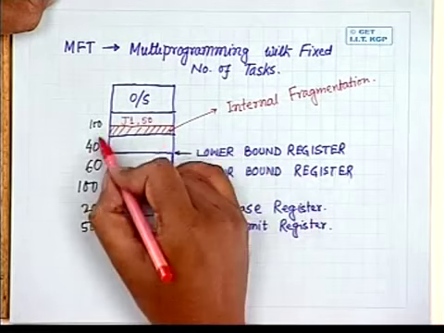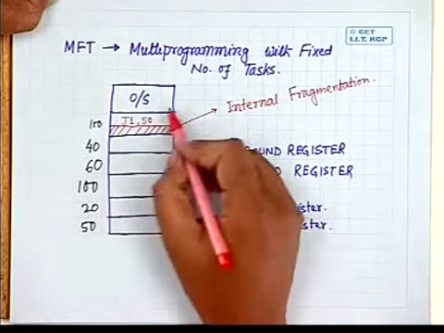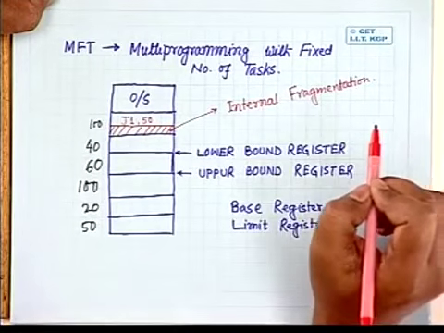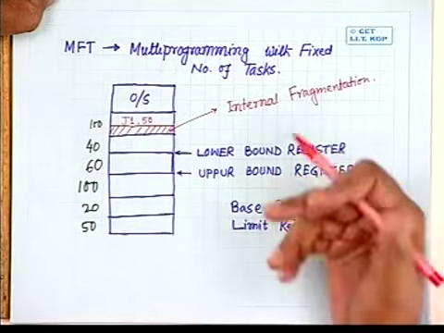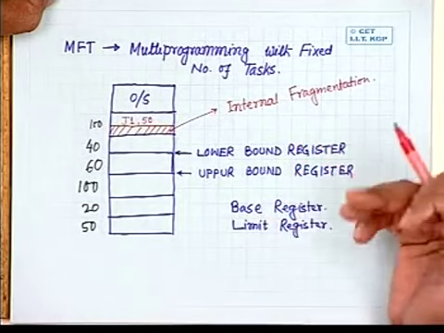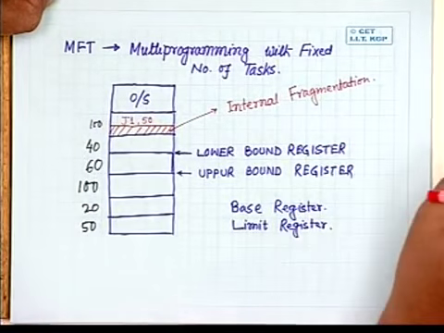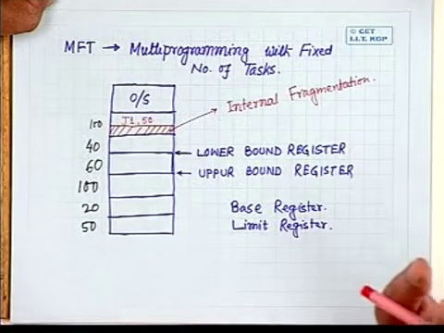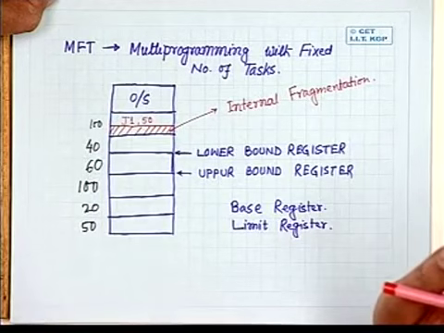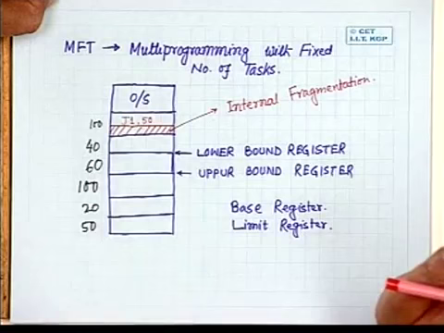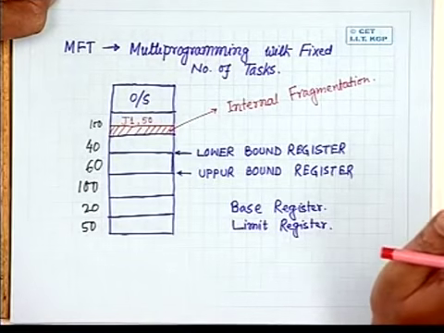Okay. And this 100 kilobyte partition we have allocated to job 1 based on an algorithm that whenever the first partition whose size is greater than or equal to the required size of the job is available, allocate that partition to the job. Which I said is called the first fit algorithm.